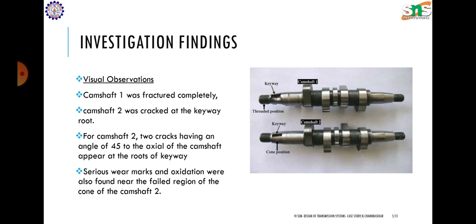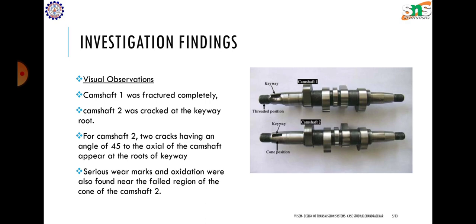By the visual observation in the figure, it is concluded that there are two camshafts, camshaft 1 and camshaft 2. The first camshaft completely failed. The second camshaft was cracked at the keyway root. So both fractures occur at the keyway, in camshaft 1 and also in camshaft 2.